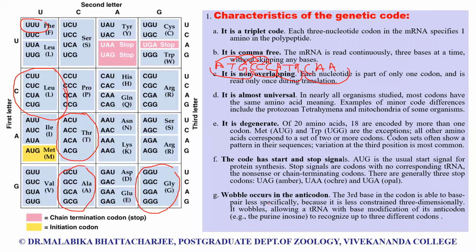There are 2 exceptions to this rule. The yellow one, as you can see, is methionine, AUG. This is unique. There is only one combination that always and invariably codes for methionine. So wherever there is AUG, methionine will come, and that is the only combination methionine has. Another one is tryptophan.